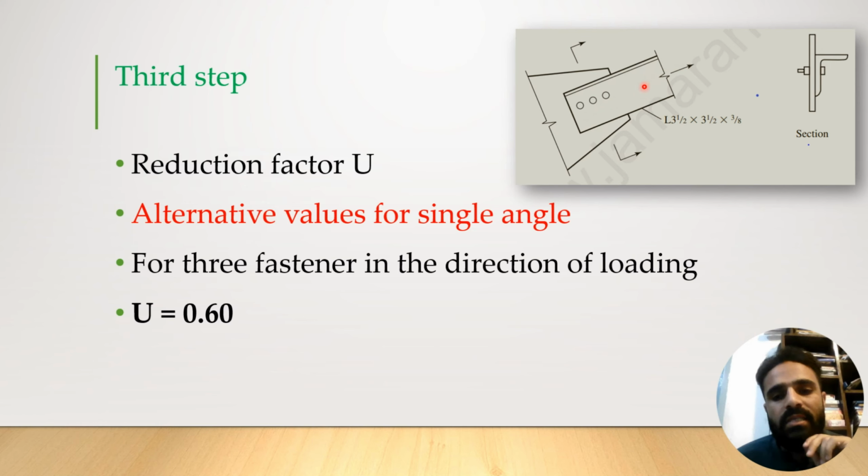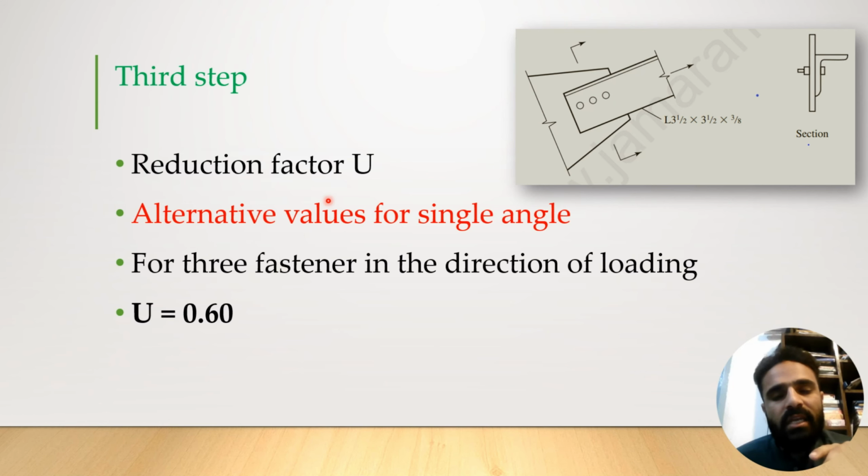So here it is the angle section. Number 1 is the equation method, and number 4 is the alternative values for single and double angles. For the equation method we need the x bar and the length of connection. Here the length of connection is not given, so we will jump to the fourth category of finding the shear lag reduction factor, the alternative values for single and double angles.